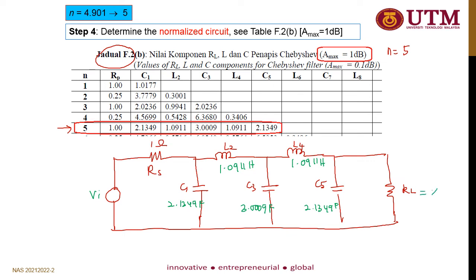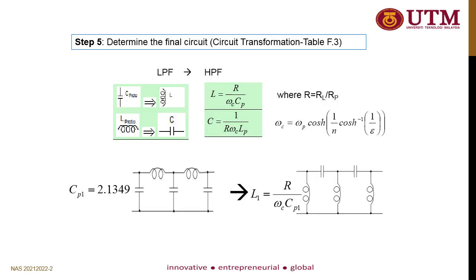You need to put the values in ohms. So this is your normalized circuit. Okay, if the question asks you for a final circuit, then you need to do circuit transformation by referring to table F.3 and perform the transformation as shown in the earlier example.